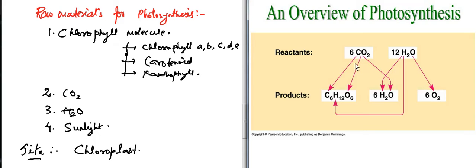See, in this arrow, this water molecule is giving oxygen. Hydrogen is involved in this water, as well as in carbohydrate also. So this is the overview by which we can know which compound, which molecule, is coming from where.